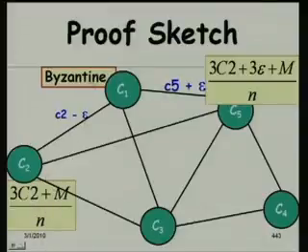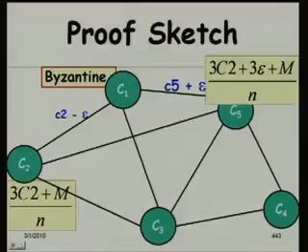Let us assume that this is C2 and this will be at most C2 plus epsilon, isn't it? And this is C1 and this is C2. So, this has got C2 minus epsilon.